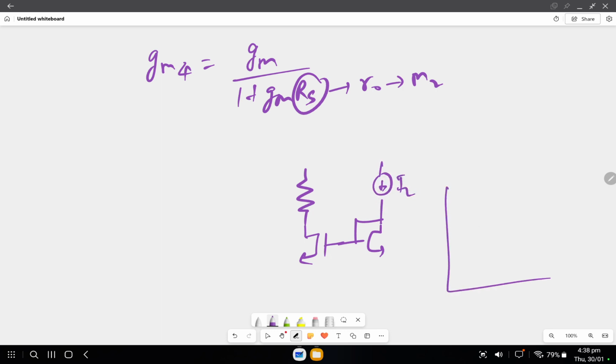So finally the I out current will be equal to this one. This is your I2, and similarly I out. Hope this will help you. Thank you.